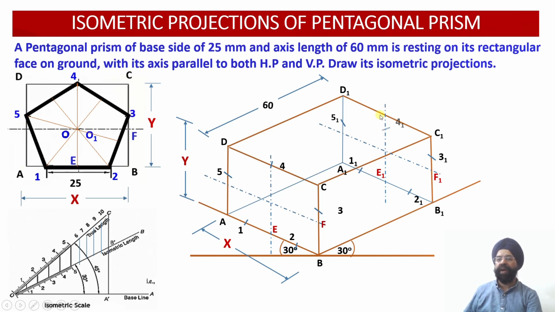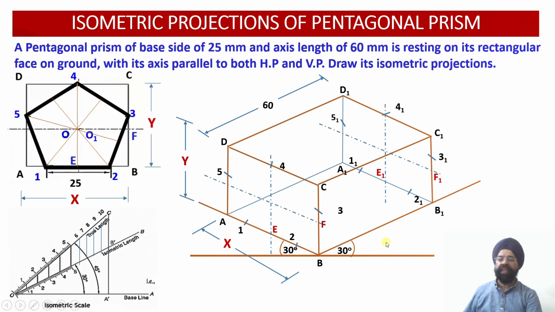And finally, 41 you can locate at the midpoint of the axis over here, or you can locate it so that the distance of 41 from C1 is the distance of 4 from C. So all the 5 points in the rear face and all the 5 points in the front face have been located.